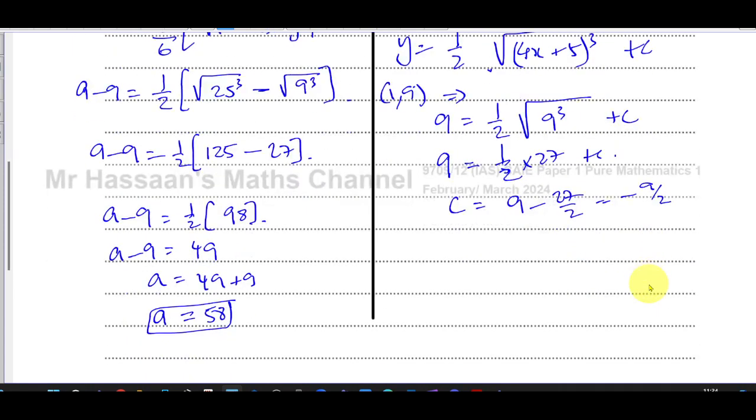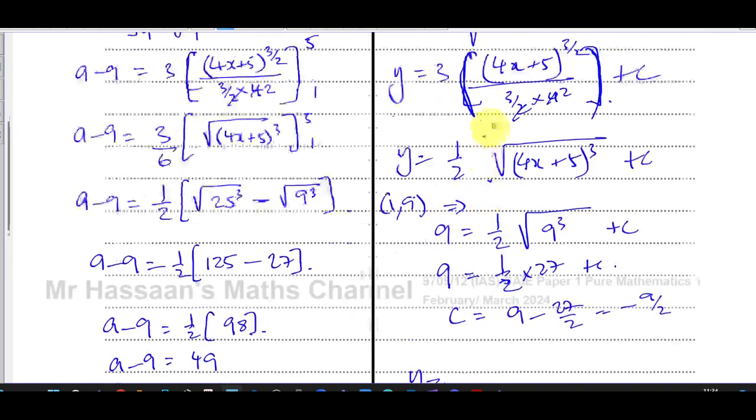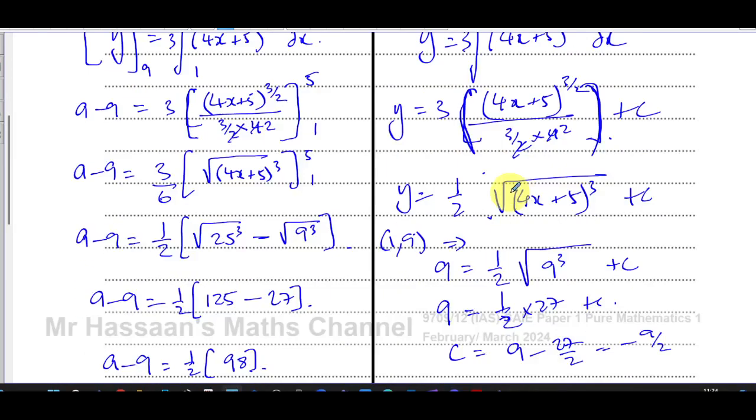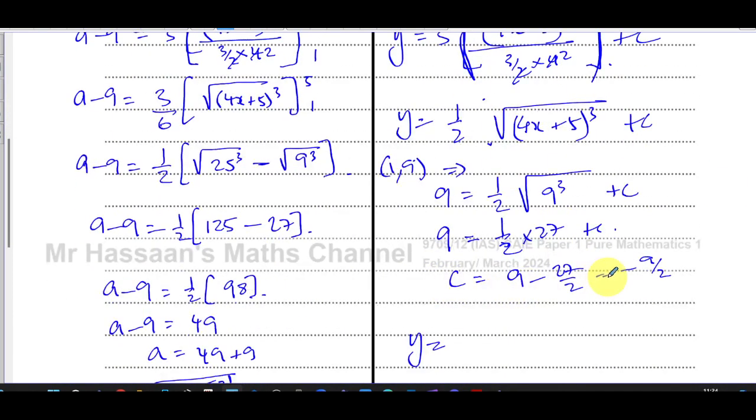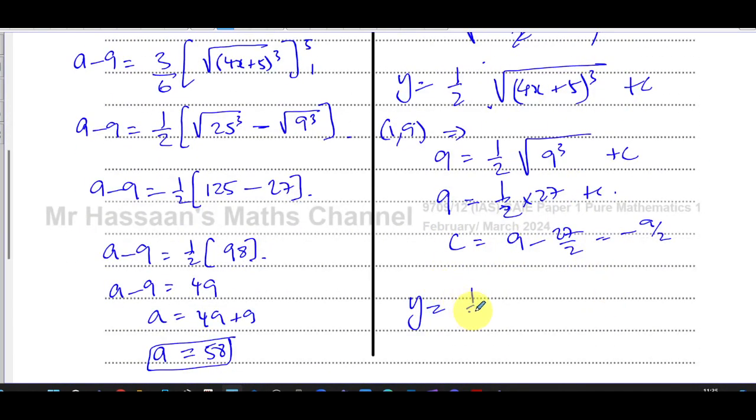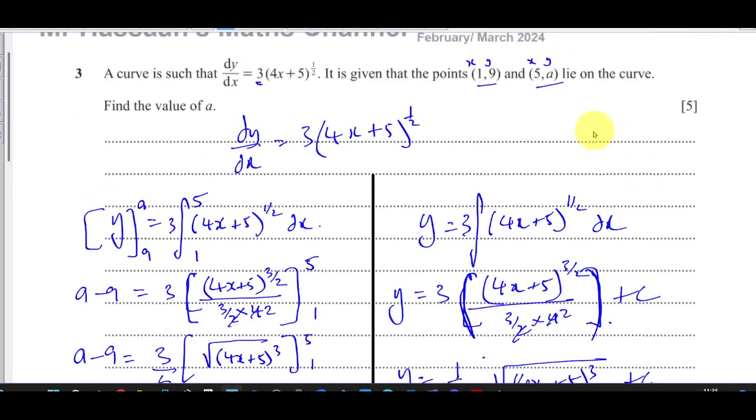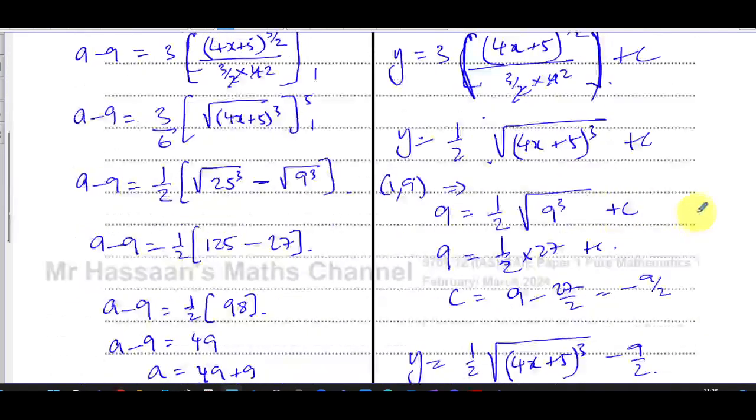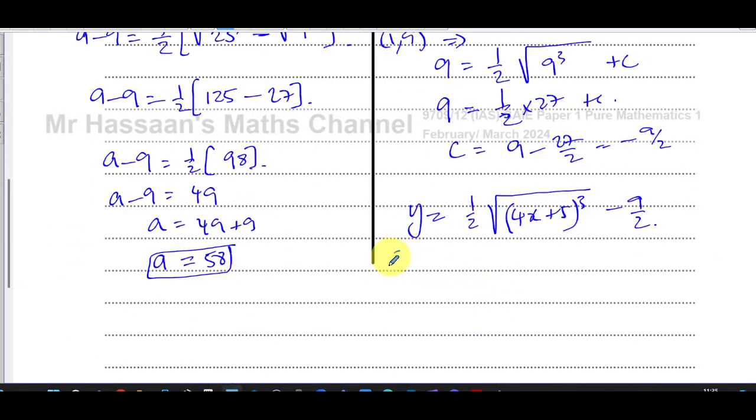So now we can say our equation is y equals, as we have here, a half times the square root of 4x plus 5, cubed, minus 9 over 2. And we want to find what a is. We know when x equals 5, y equals a.